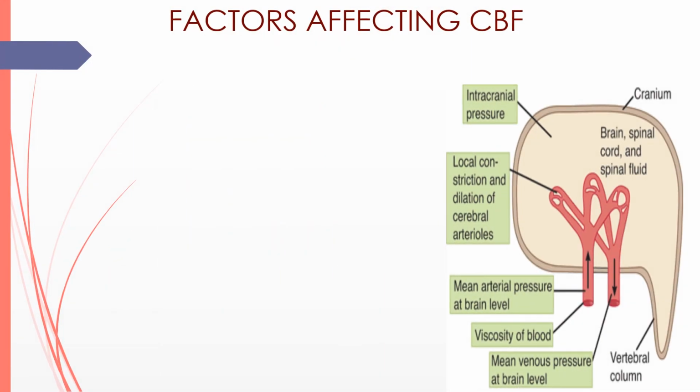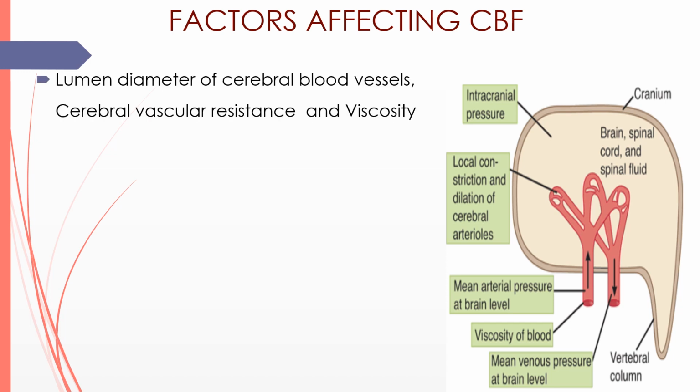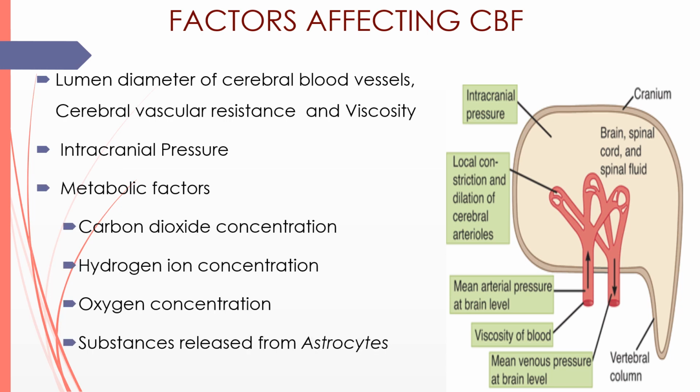Factors affecting the cerebral blood flow: the lumen diameter of the cerebral blood vessels, the cerebral vascular resistance and the viscosity, the intracranial pressure, the metabolic factors, that is the carbon dioxide, hydrogen, and oxygen concentration, and also the substances released from the astrocytes.